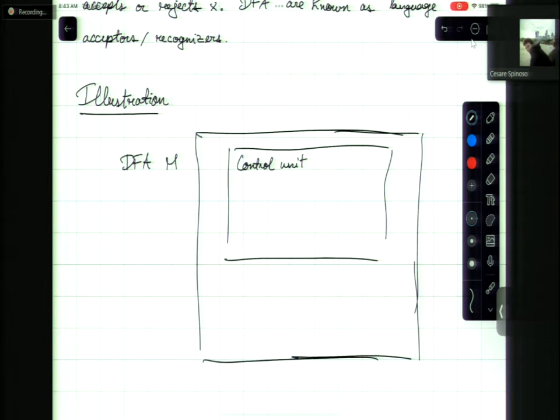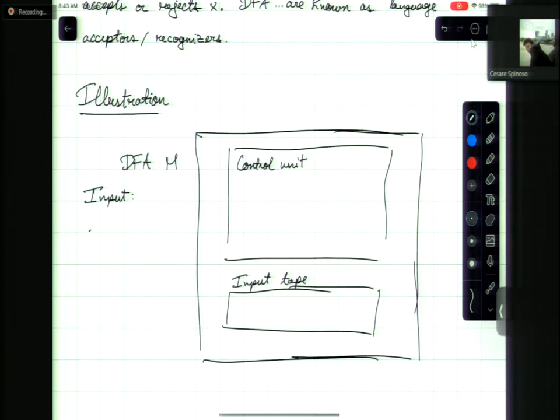The control unit is what actually executes the computations. And it's also comprised of an input tape. The input tape is what holds the input string. Make sense? Okay, good. So now, given some input x, so x is a string, meaning that it's a sequence of symbols, right? We saw this on Tuesday. Each of these symbols is in the alphabet.